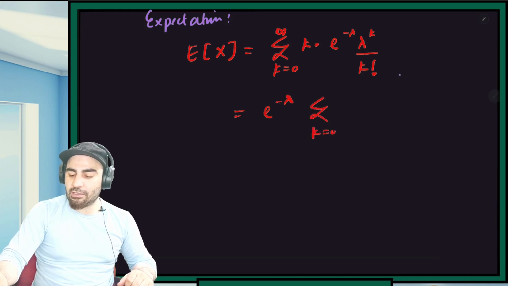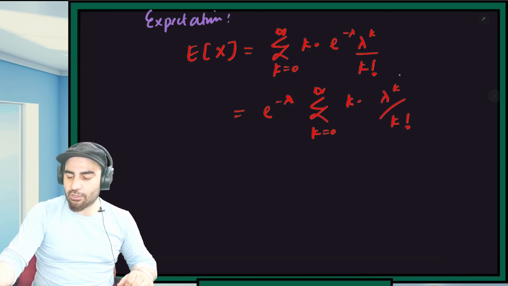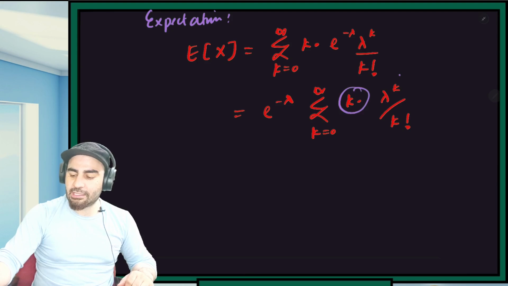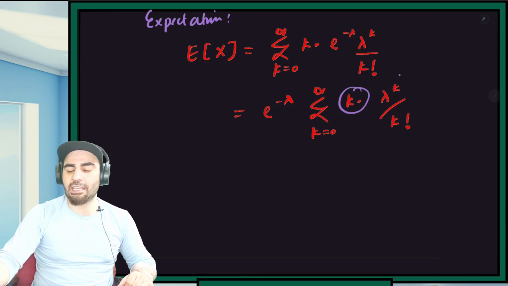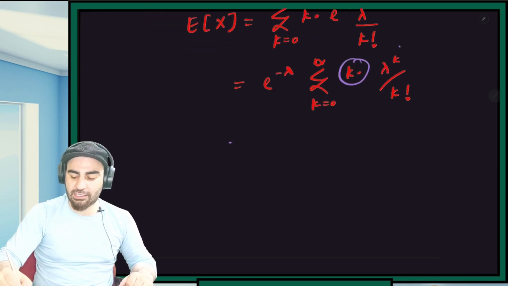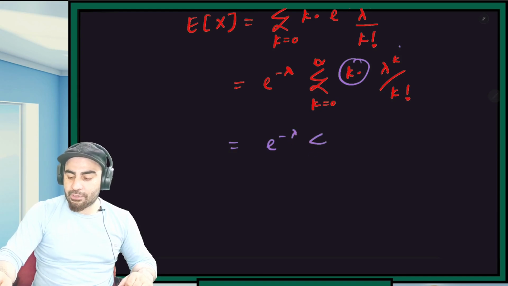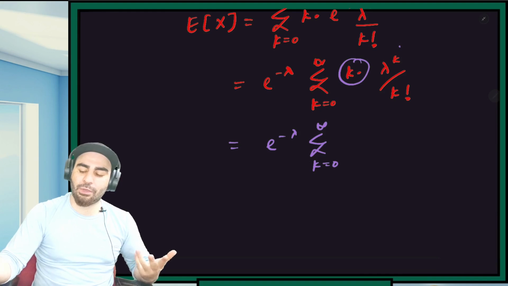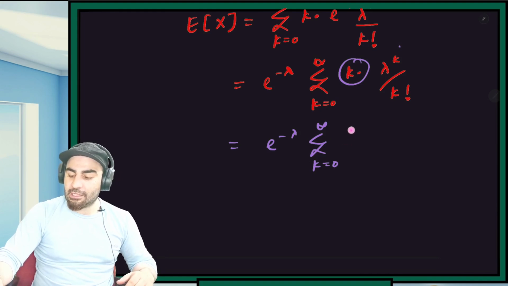This is the sum over k from 0 to infinity of k multiplied by lambda to the power k divided by k factorial. Now you can see this is k, this is k factorial. So you can expand this as k into k minus 1 factorial and cancel out these k's. Take lambda out, summation of k from 0 to infinity. I can start k from 1 also because this doesn't matter.